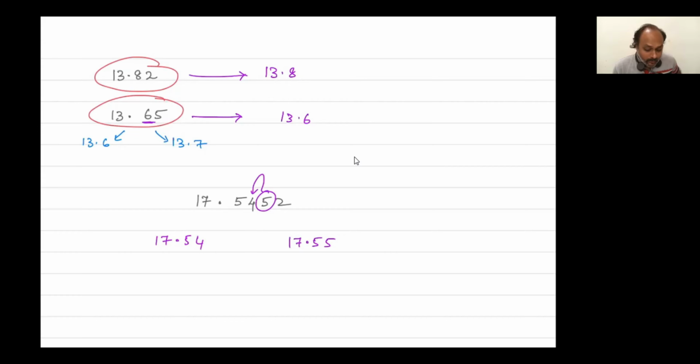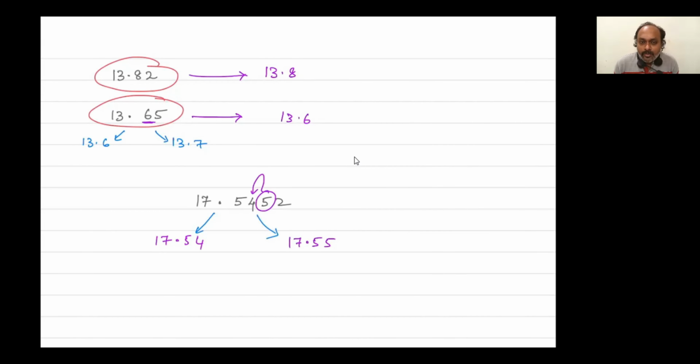No, you must not apply the rule that the number preceding 5 over here is 4, an even number, hence you retain it. That rule you need to apply only when you first check whether the number is equidistant to the two candidates.